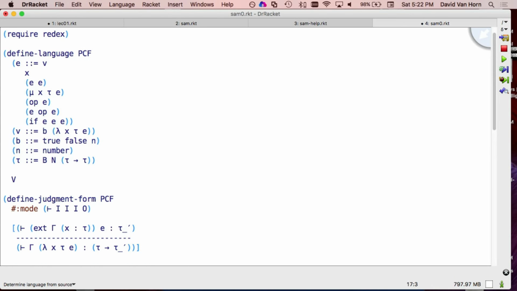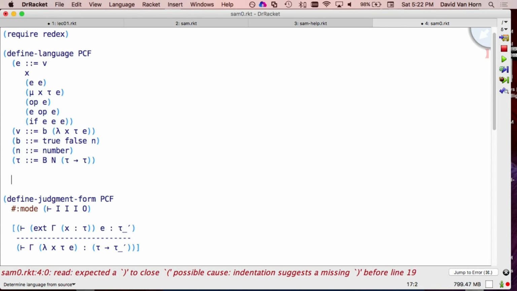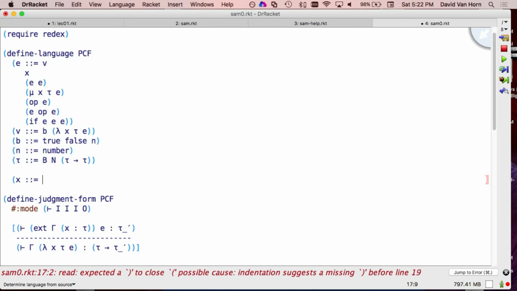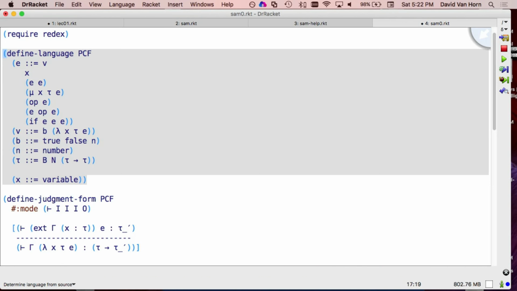So let's say, what's a variable? Redex has something built in.